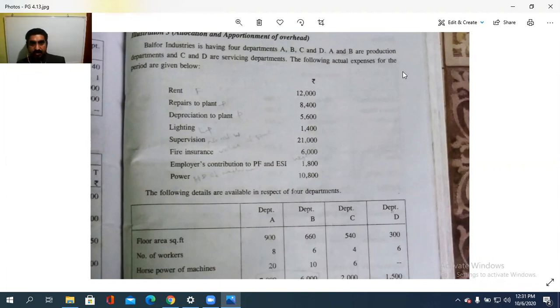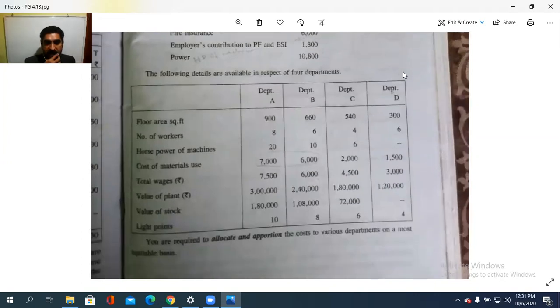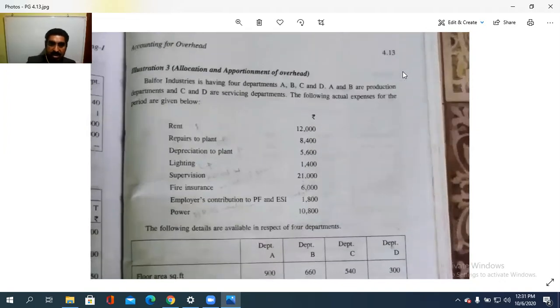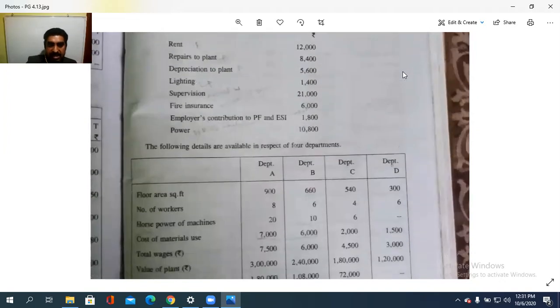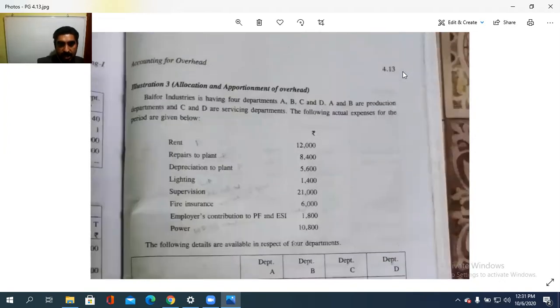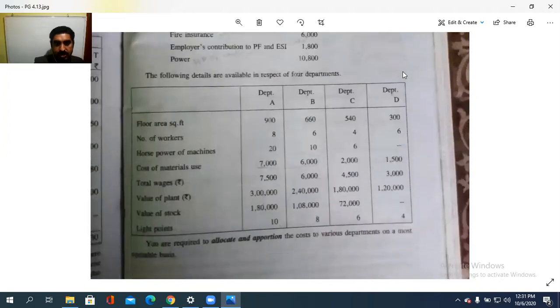So rent, which way? Floor area. Repairs to plant, what is that? Value of the plant. Then depreciation of plant, that is the value of the plant. Light means what? Light points. Then supervision, how is it to be? Number of workers.